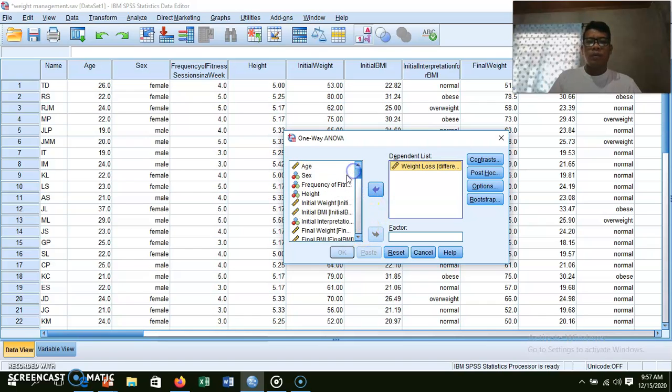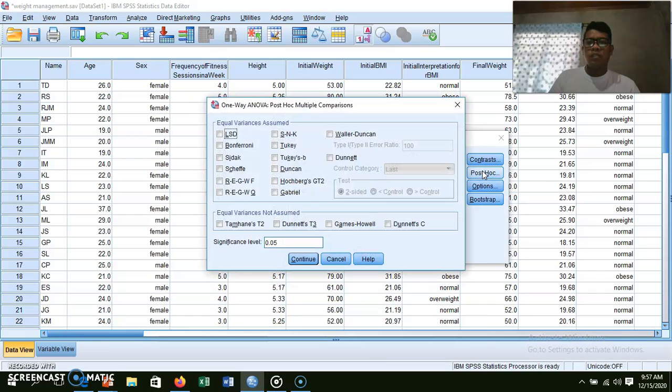Our independent variable would be frequency of exercise, so transfer it to the Factor box. Here is the post hoc test, but we do not know yet if there is a significant difference, so we are not going to use it first.